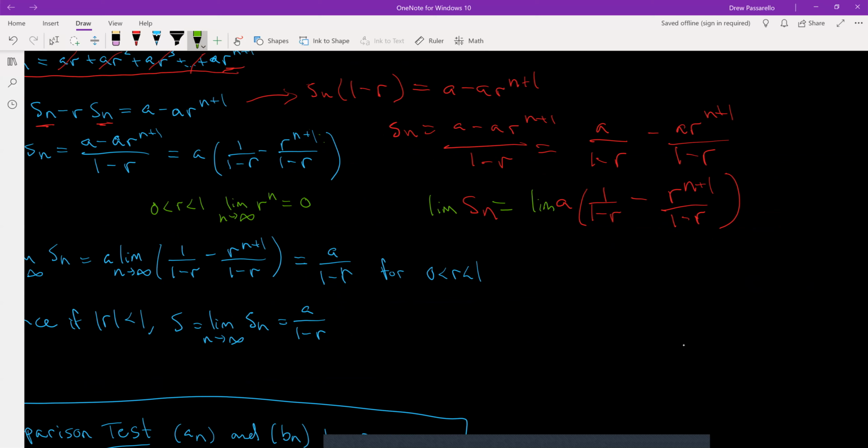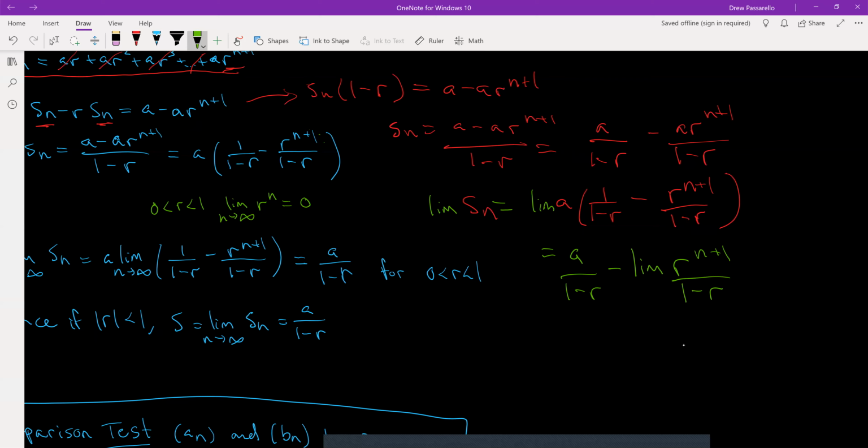You could factor out a, so that's equal to a times the limit of 1 over 1 minus r. Since that doesn't involve n, that's going to be a over 1 minus r. Then minus the limit of r^(n+1) over 1 minus r.